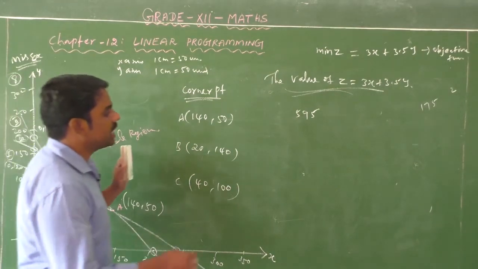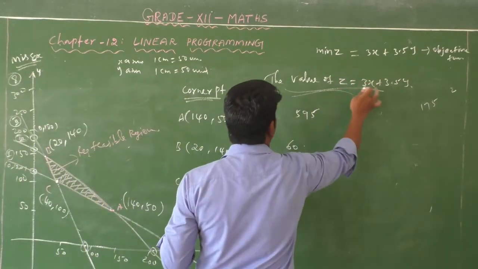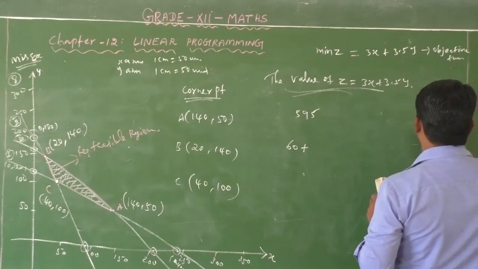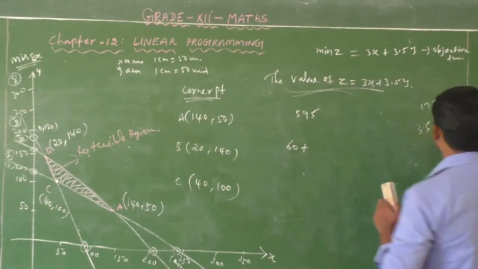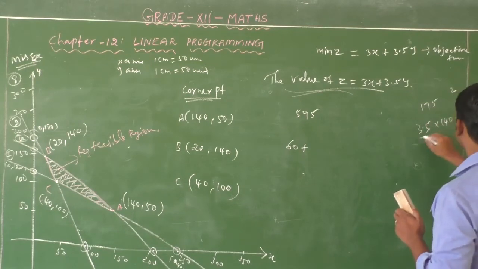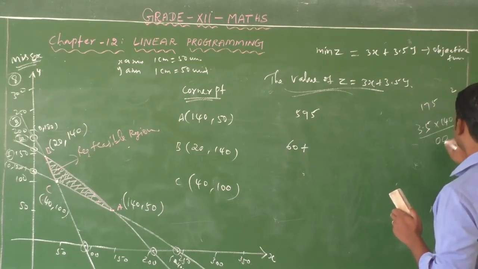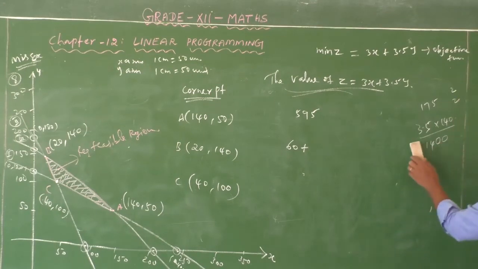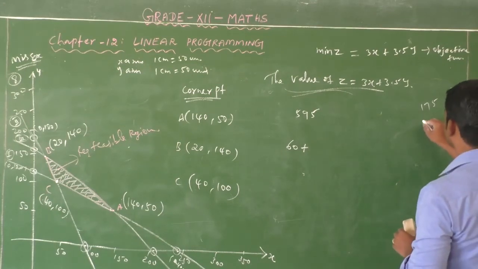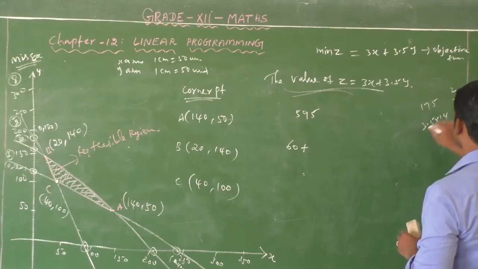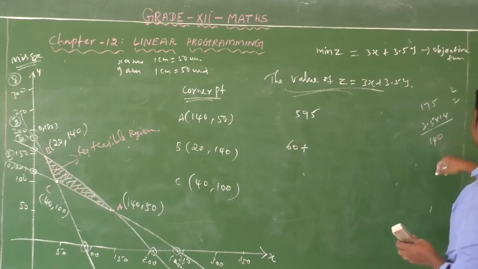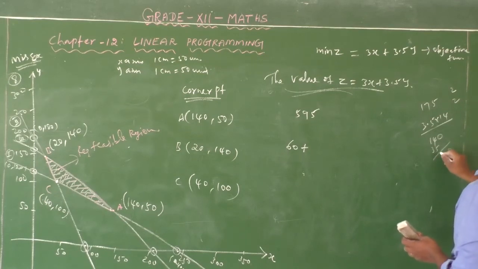Substitute this value. 3 into 20 is equal to 60, plus 3.5 into 140. 3.5 into 140 is 490.